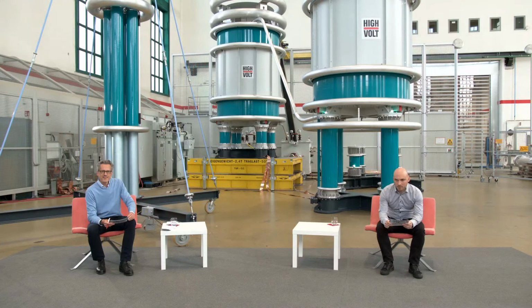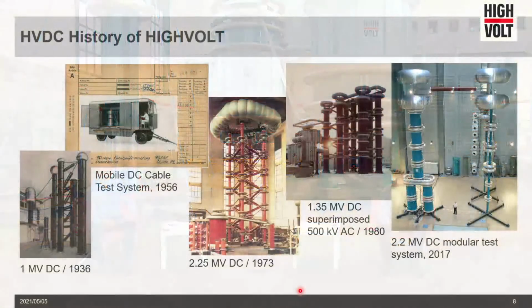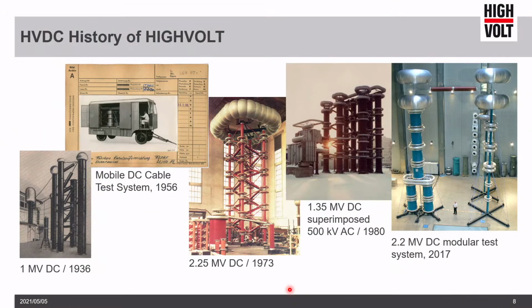Yeah, on the left side we see here 85 years ago. The company was called Koch and Sterzel at the same location as we are today. And they designed a test system with already up to 1 megavolt DC, and followed by, in my opinion, a very remarkable finding in our historical archives is this mobile DC test system. We see there in the second picture, which was developed approximately 20 years later, in 1956.